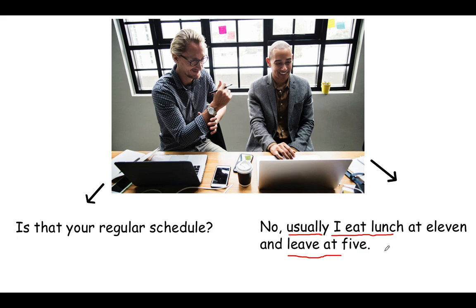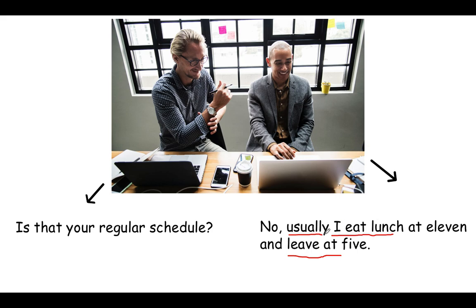So when he's asked about something that he does regularly or a lot, something that he does normally, he uses the simple present tense. I eat lunch or I leave at 5. So that means when he's saying this, he means that it happens a lot.